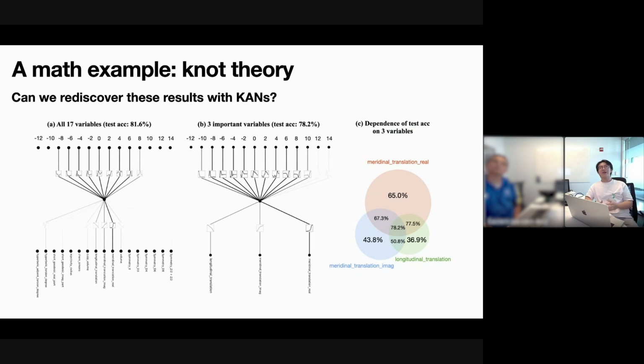Firstly, we can rediscover the relevant variables with much less pain. Basically, we used a KAN with just one hidden layer, two KAN layers, with only one hidden neuron. Surprisingly, it can achieve comparable accuracy to DeepMind's giant MLP.